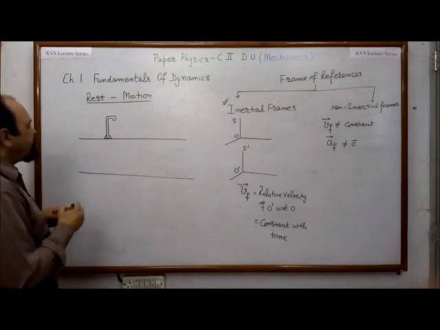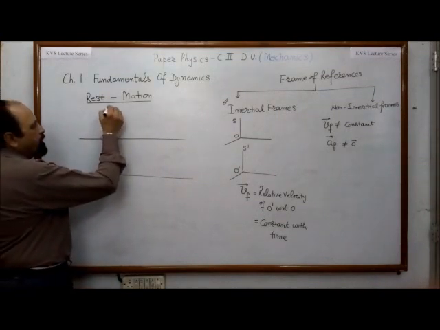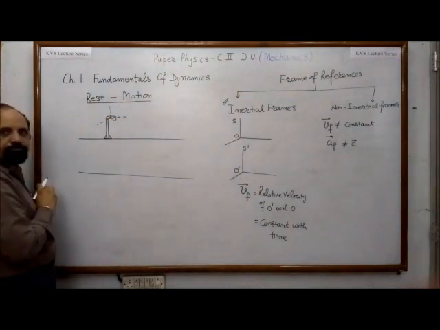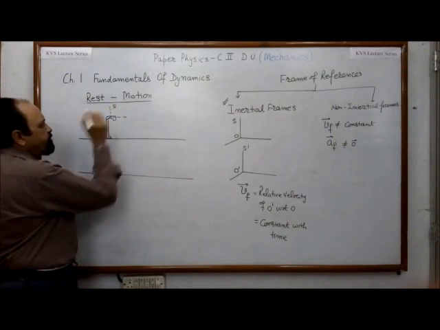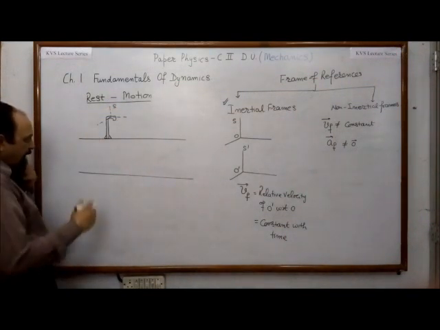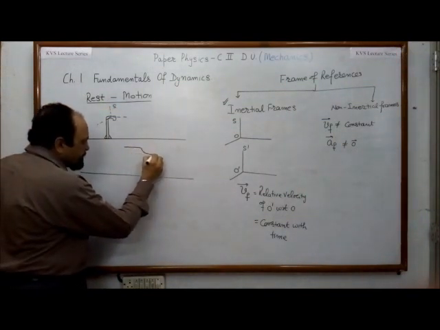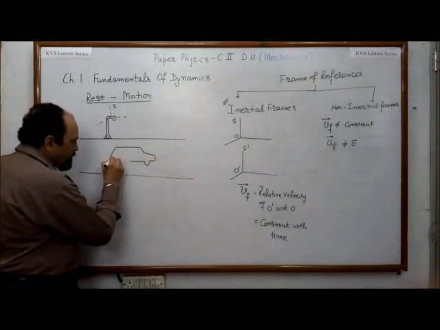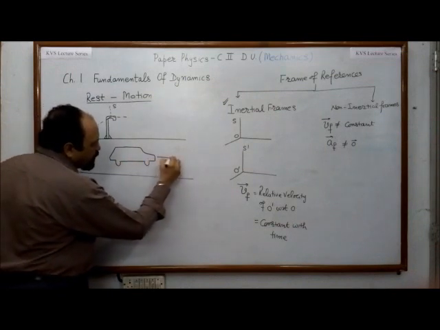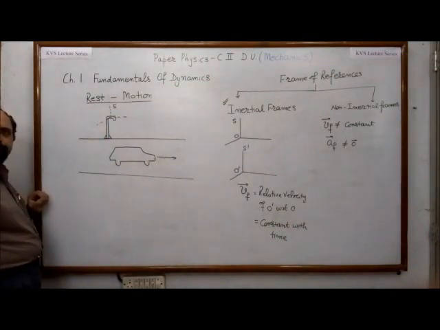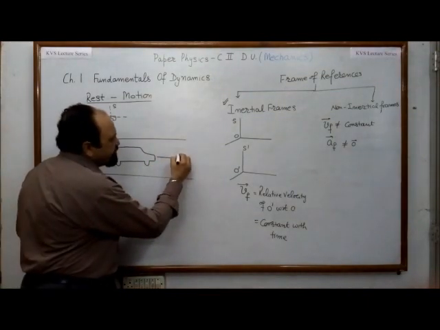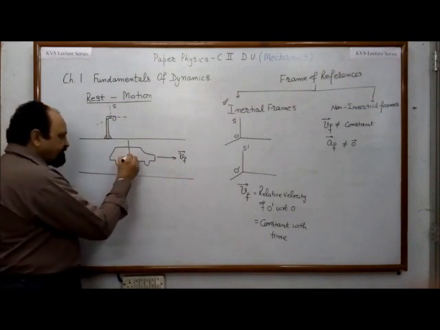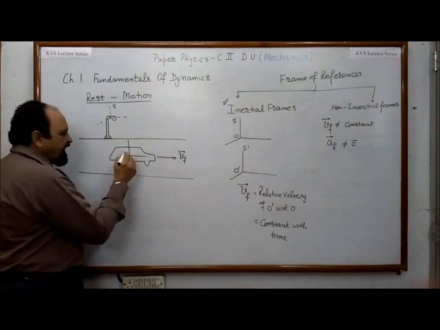If I fix one frame on this pole, the same S frame, and there is a car going in this direction with the velocity, let me call this velocity Vf, and there is a frame attached to this car.